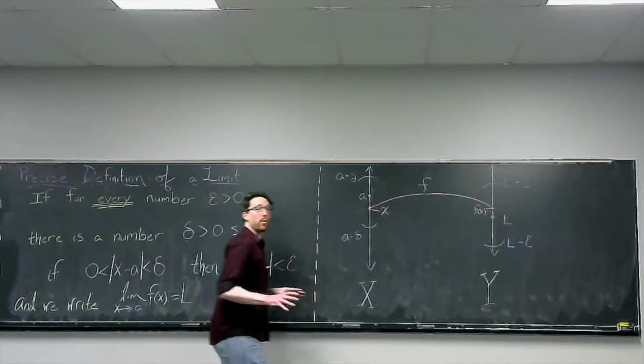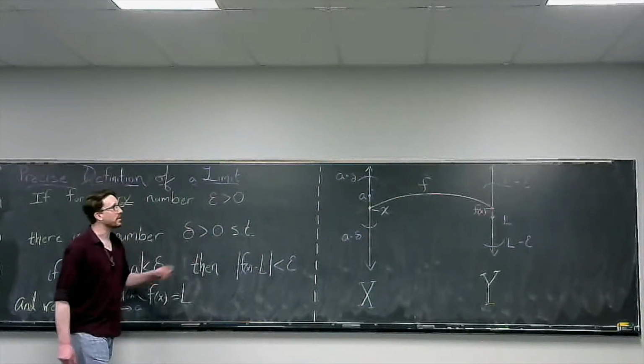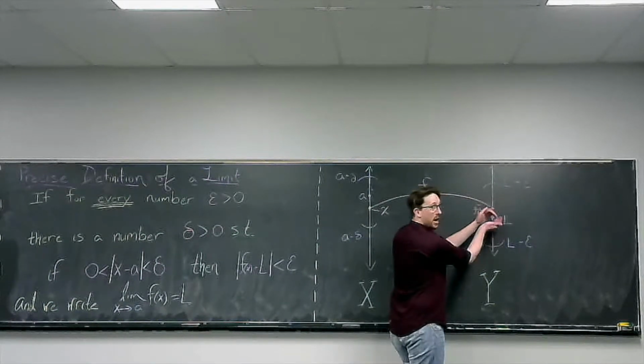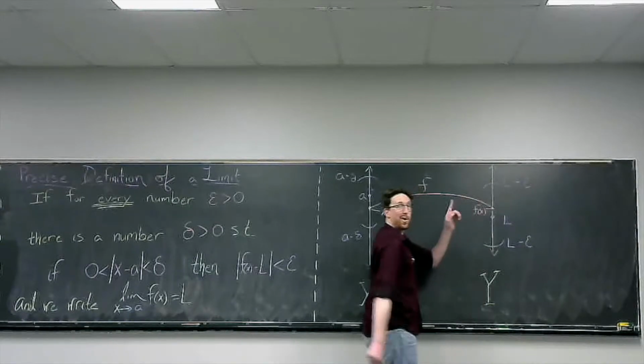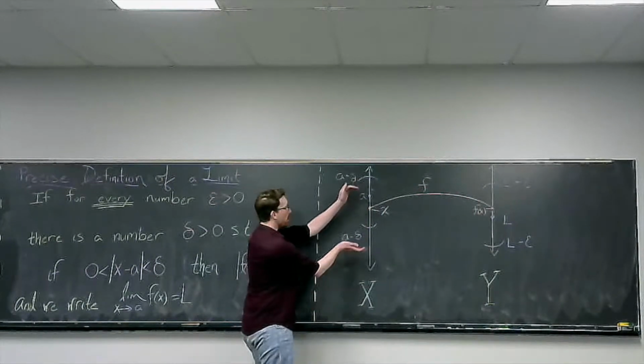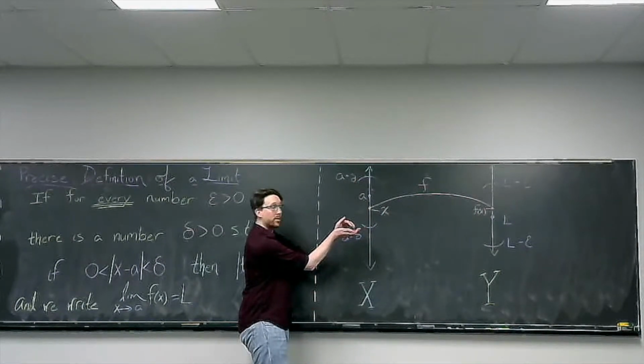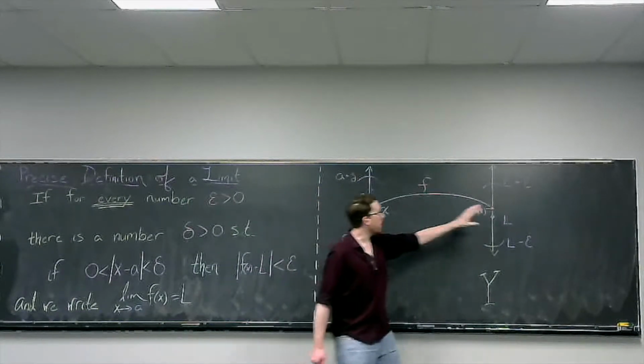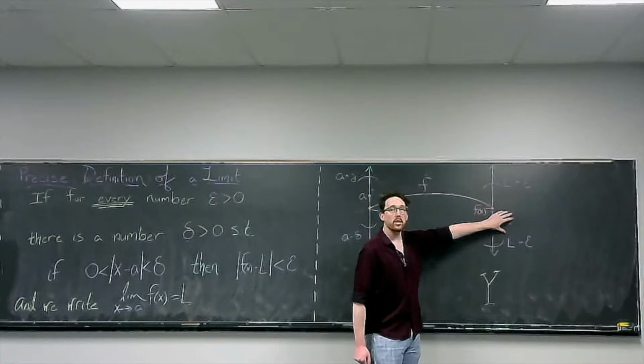That is what it means for a limit to exist, and that is what this definition is saying. If I were to shrink this thing down, I can always find another ball over here such that every x value inside of that ball will always map back over to this ball.